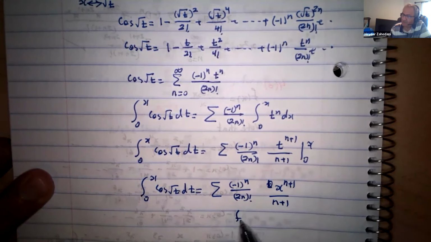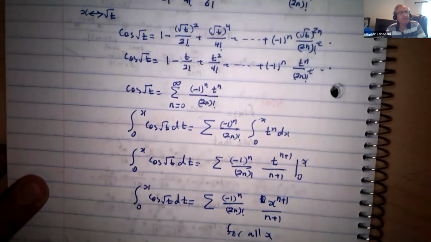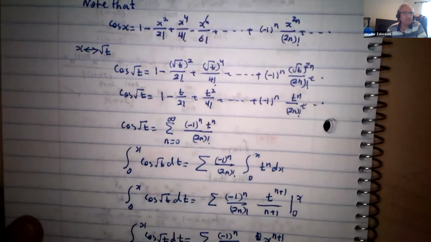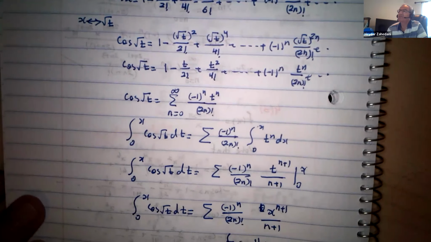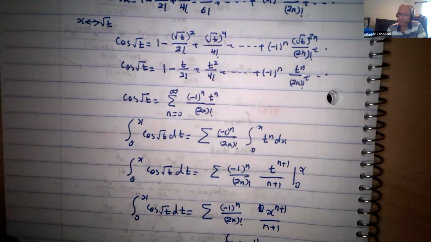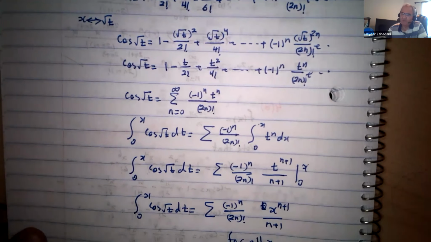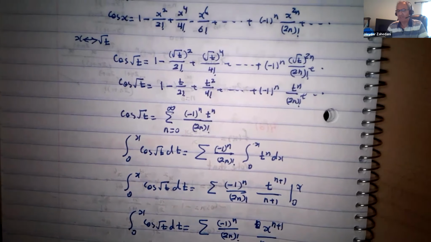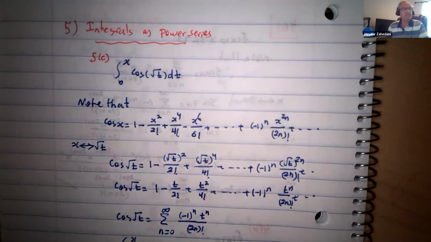And it's true for all x. So you have to provide the power series first, and then you integrate it. You also have sine t over t and e to the negative t, so study all of them. One of them would be given to you as a question in question number 5. Integrals as power series.